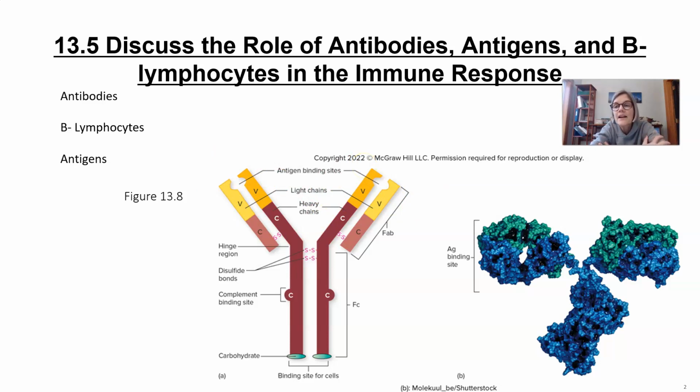So once antibodies are made to a certain antigen, maybe a specific spike protein on the surface of a virus, it's only going to recognize that. So we have all sorts of different kinds of antibodies for all sorts of different kinds of antigens.